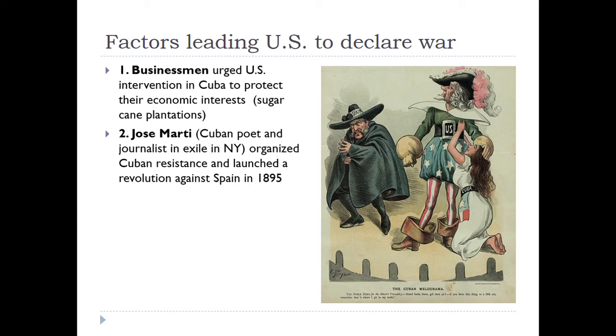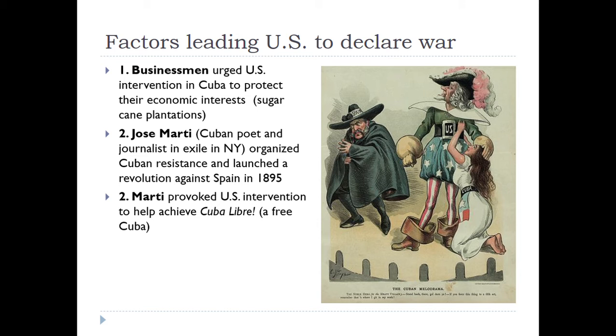Jose Marti is another reason why the U.S. wants to get involved. Jose Marti is a Cuban journalist, a writer, and he was kicked out of Cuba for trying to lead a rebellion against Spain. He's going to help organize Cuban resistance and launch a new revolution in 1895. But he's going to do things specifically to try and pull the U.S. into this conflict. He was smart.